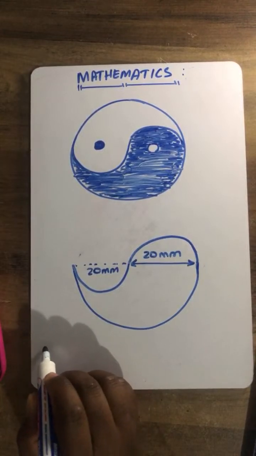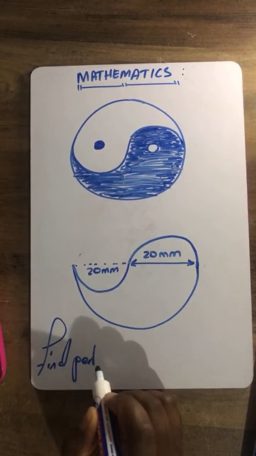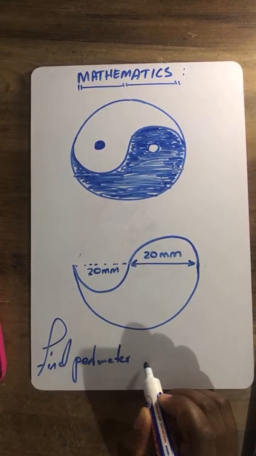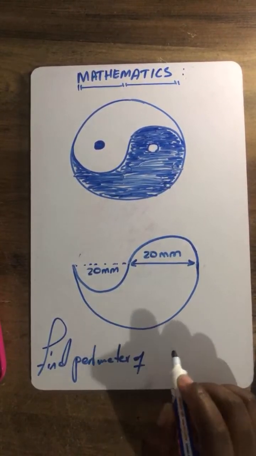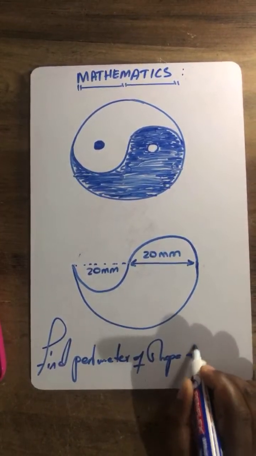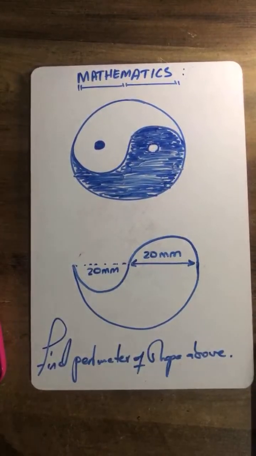And then the question says find the perimeter of the shape above.